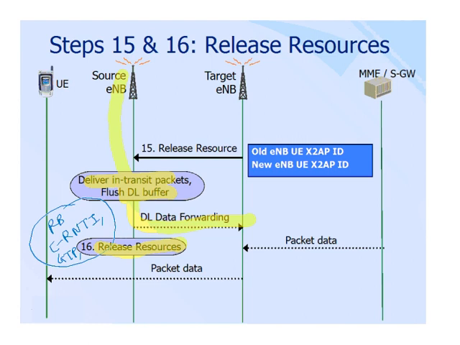We clear up the memory of the base station for that UE. So now you can see that the packets are traveling from serving gateway to the target eNode B and over the air interface from target to the user equipment. So the handover is now formally completed.